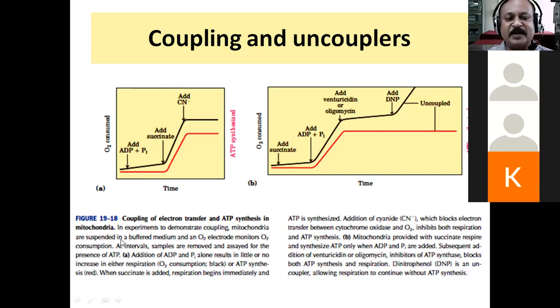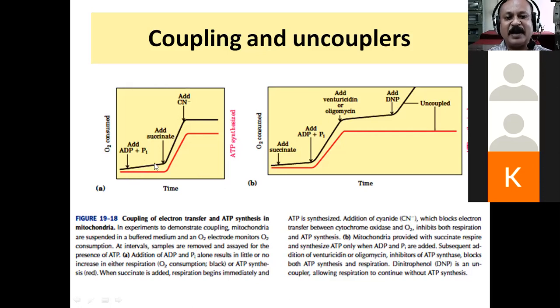Using that assay we can determine how much ATP is synthesized in that medium. At the start of the experiment, we add ADP and inorganic phosphate. Just look at this graph here.